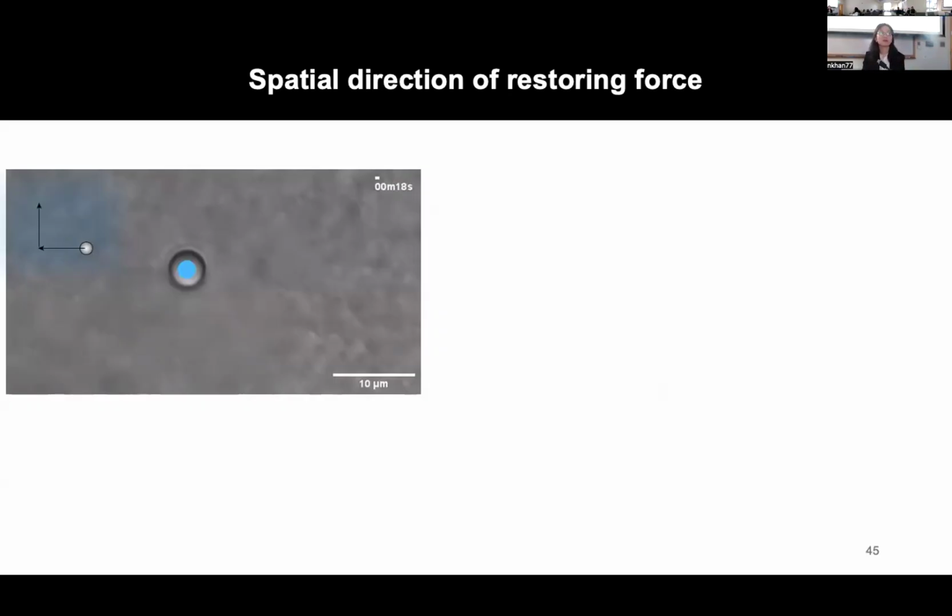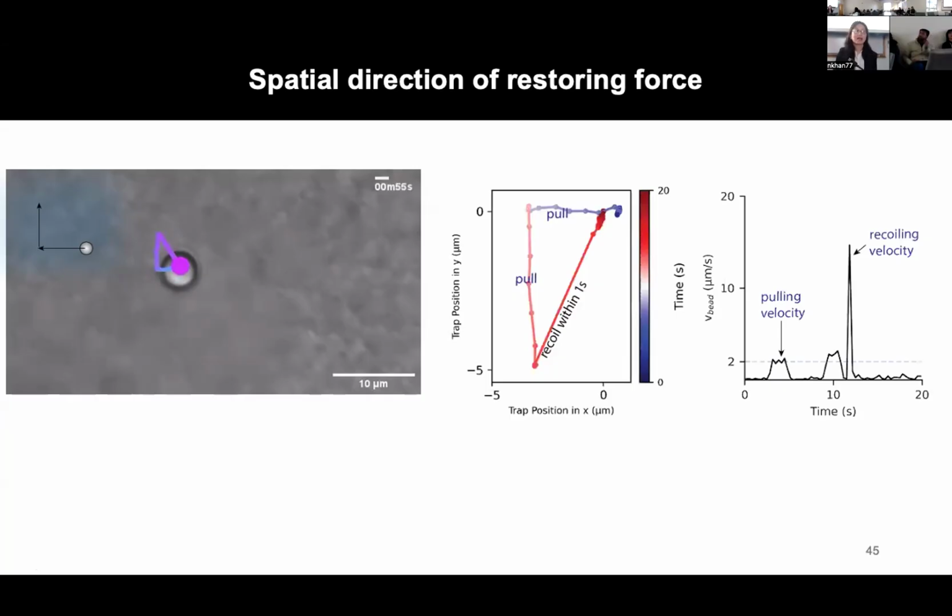I'll give you 4 seconds to think about that, and then I'm going to play the video. When I did the experiment, I thought maybe they would follow the trajectory back. Let me play the video now. And what you're seeing here is that they bounce back along the diagonal.